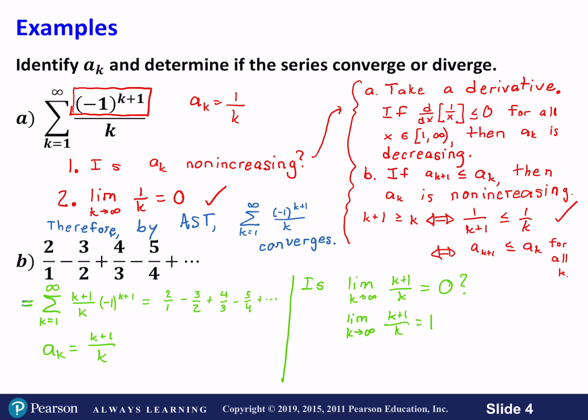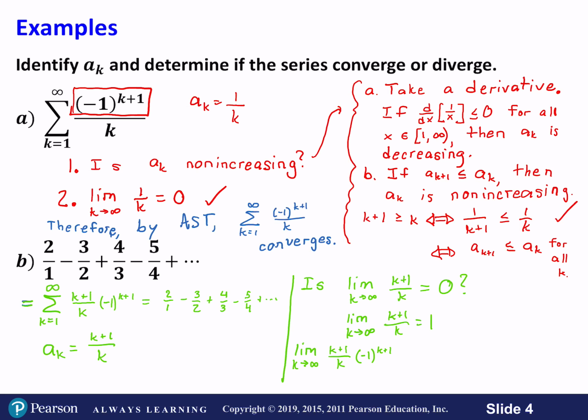So we can say that the limit as k approaches infinity of k plus 1 over k times -1 to the k plus 1 — this series actually oscillates between -1 and +1 as k gets closer and closer to infinity.